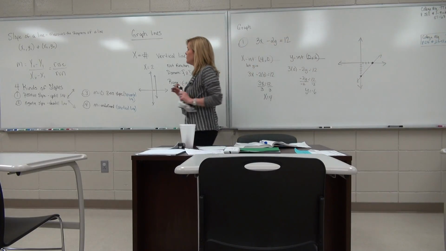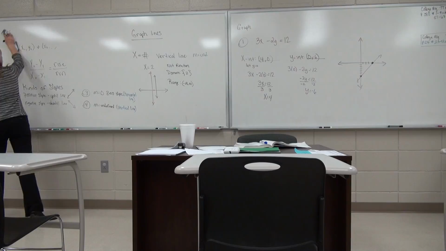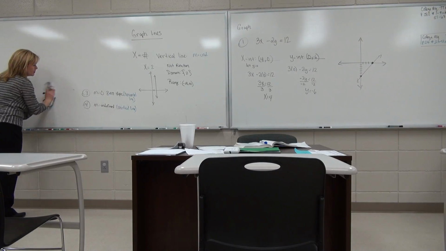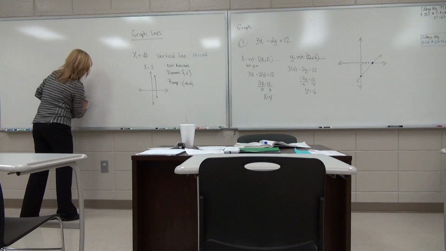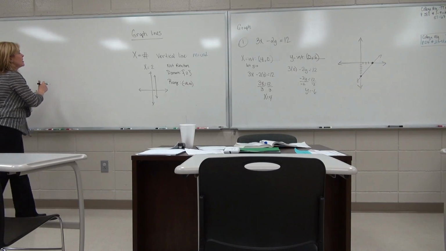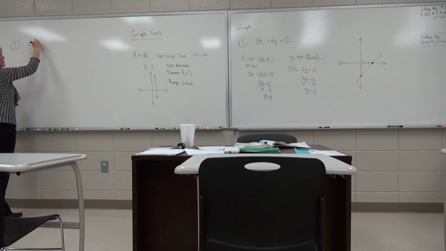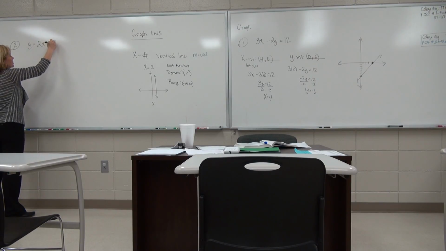Now let's look at one when it's in slope-intercept form. Let's say for number 2, I want to graph the line y equals 2x minus 3.